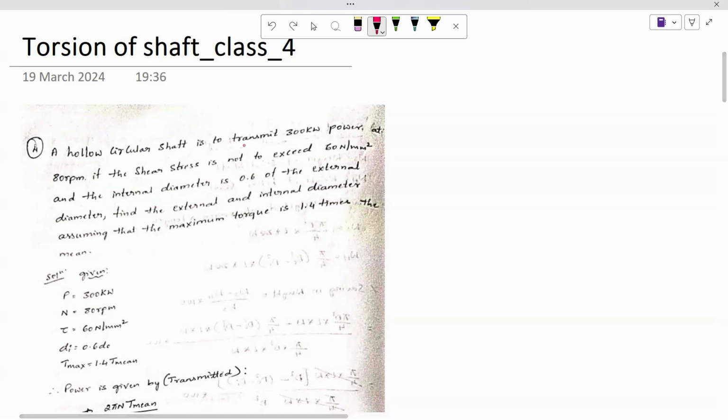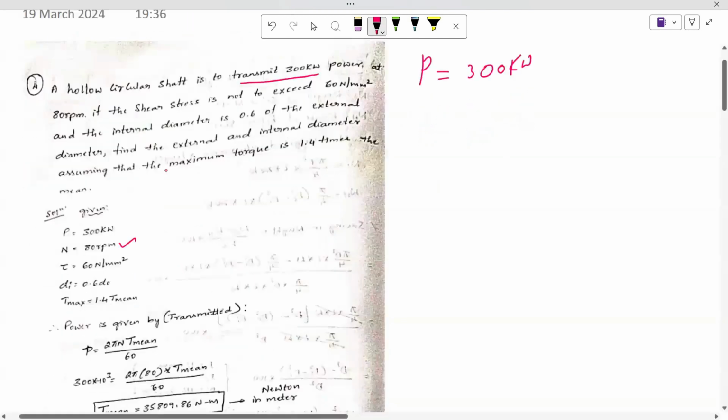First, they have given power. Transmit 300 kilowatt of power, so P is equal to 300 kilowatt. Next, at 80 RPM, that is N is equal to 80 RPM.